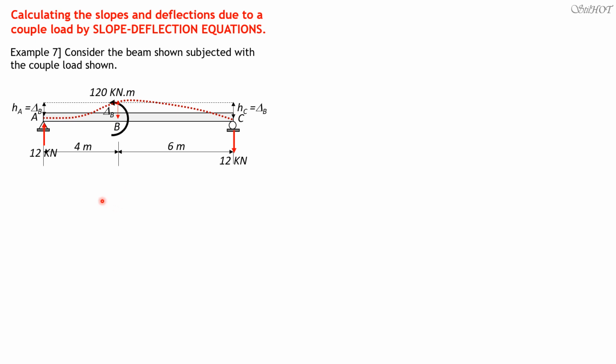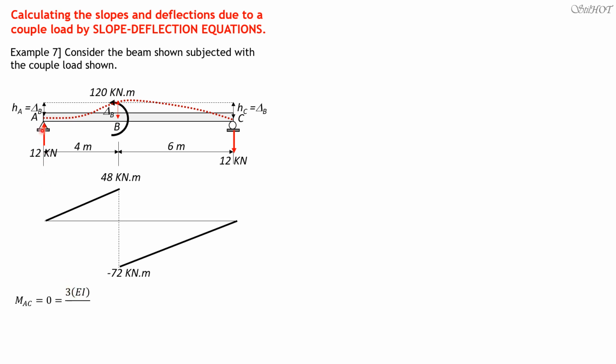So first we write slope deflection equation for span AB. Although this is the moment diagram, we simply do not consider that. Moment AC is 0, because the moment at the far end is 0, so we use 3EI over L times quantity theta near, which is theta A minus 0, because the fixed moment at A, because it is on the left, is negative.